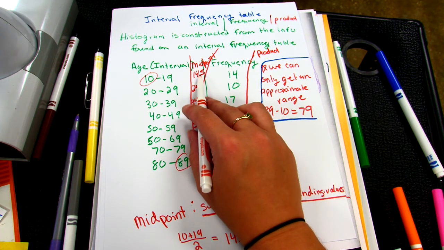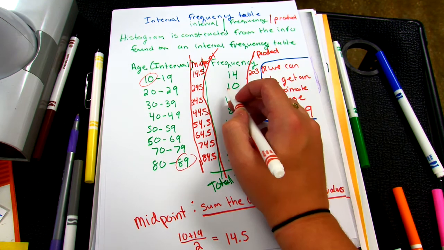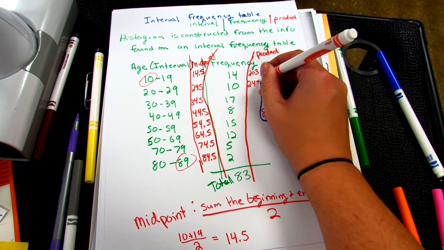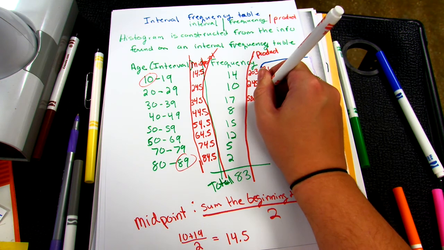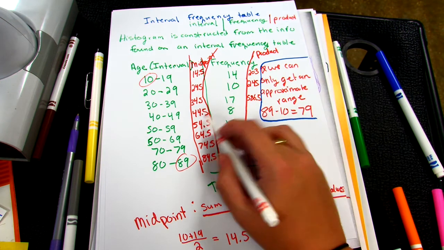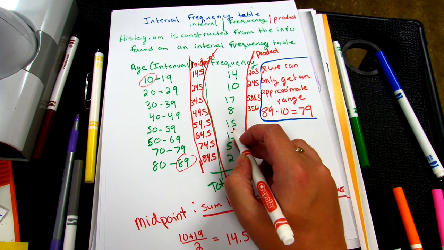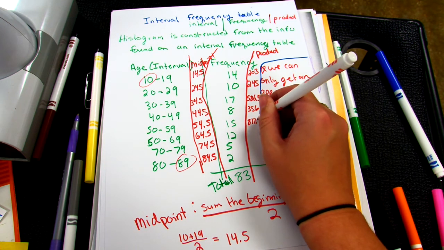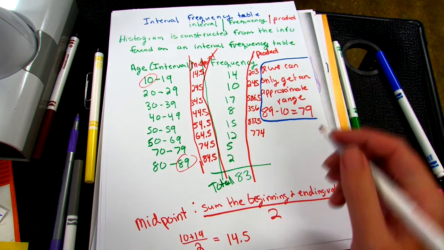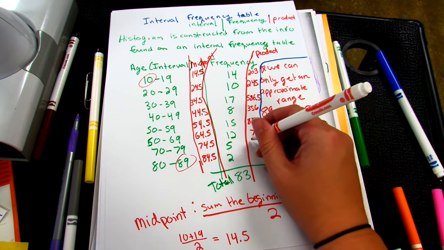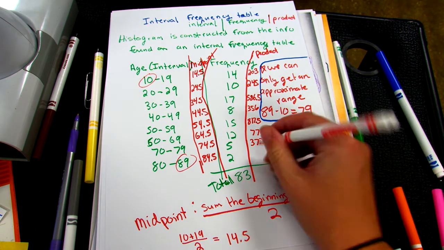So 14.5 times 14 gets us 203. 24.5 times 10 gets us 245. 34.5 times 17 gets us 586.5. 44.5 times 8 gets us 356. 54.5 times 15 gets us 817.5. 64.5 times 12 gives us 774. 74.5 times 5 gives us 372.5. And then we have 84.5 times 2 is 169.